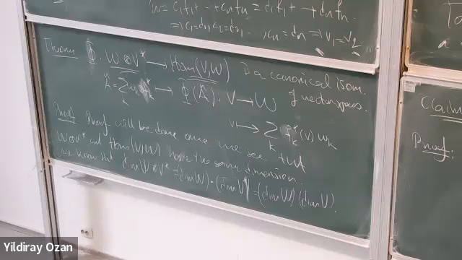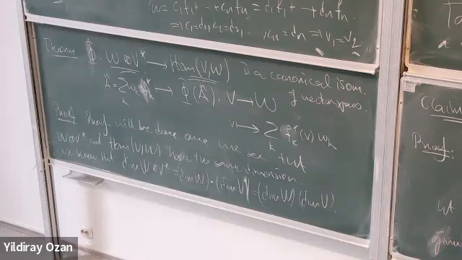I will find a basis for all the homomorphisms. We will do it like this. Let E_KL be the linear map given by... How can I describe a linear map? Through the images of the basis elements. I just need to tell you what the action of this is on basis elements.